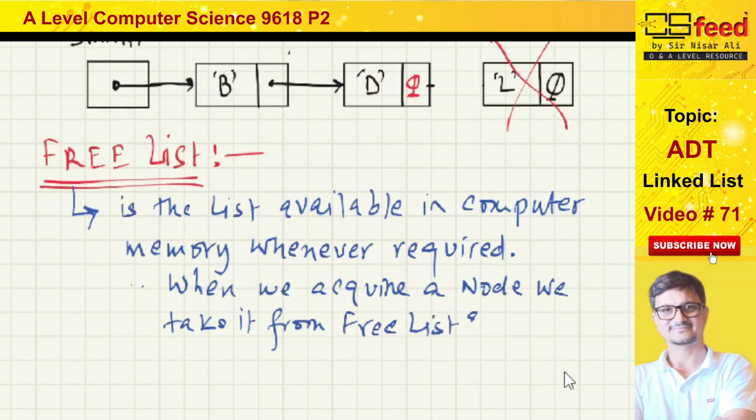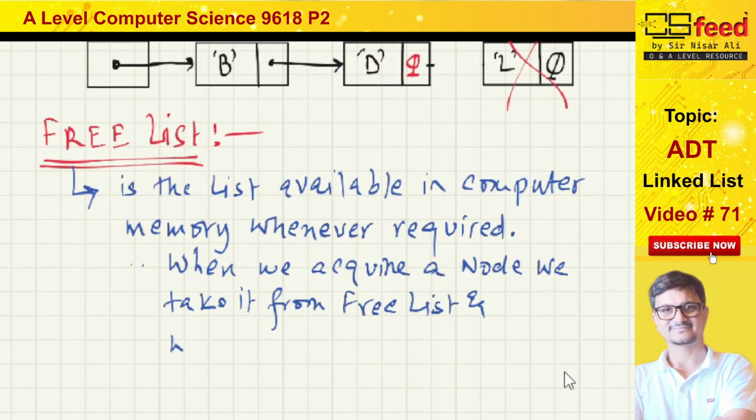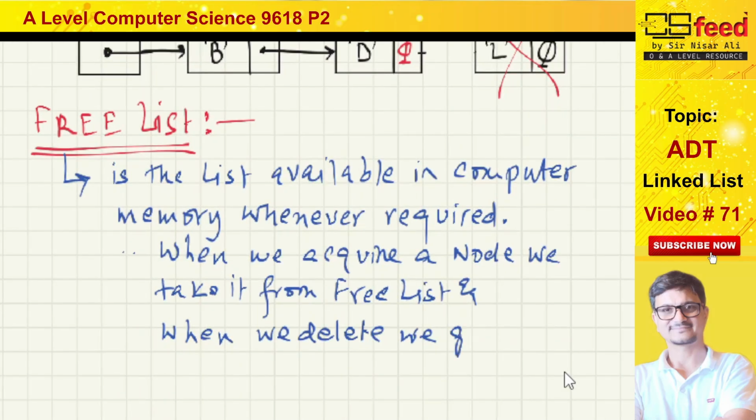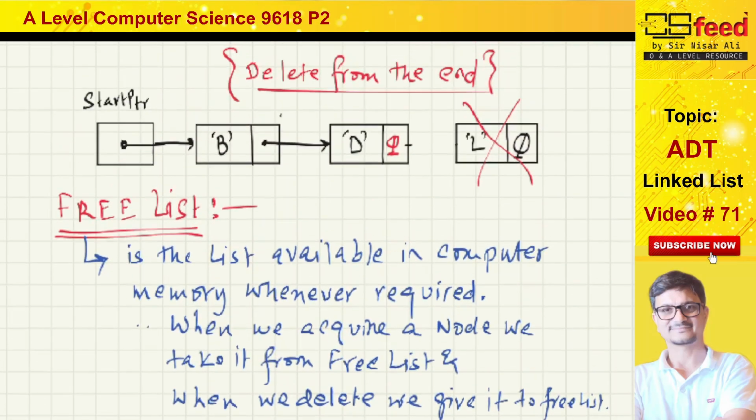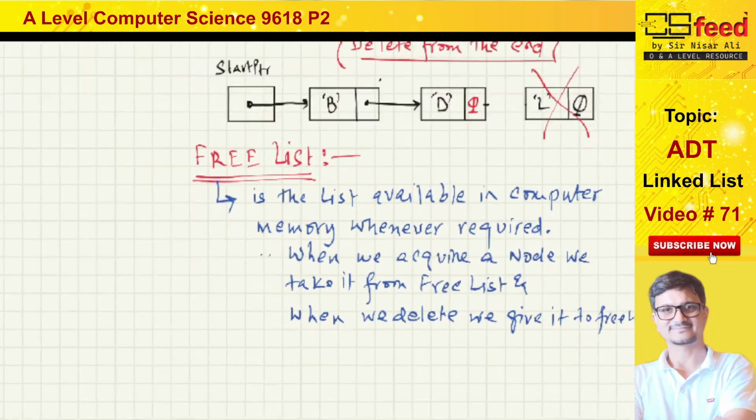All right, and when we delete, we give it to the free list. This is what I explained in the beginning of the video. All right, now let's do the same thing again with the concept of the free list.